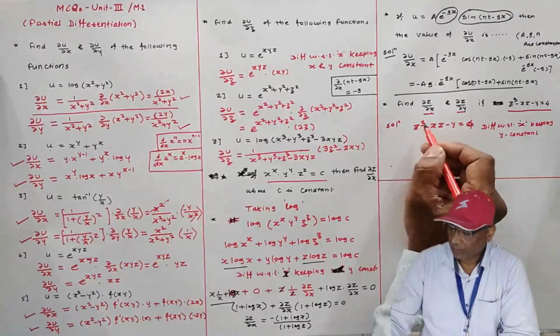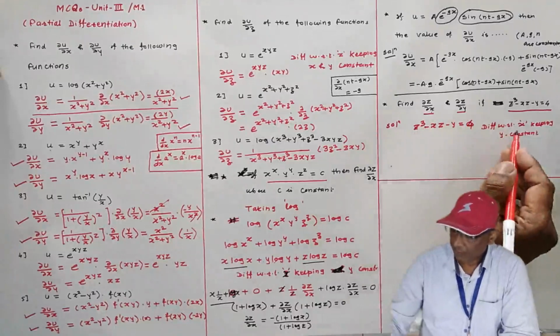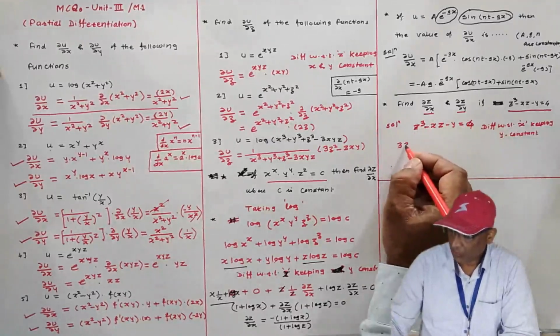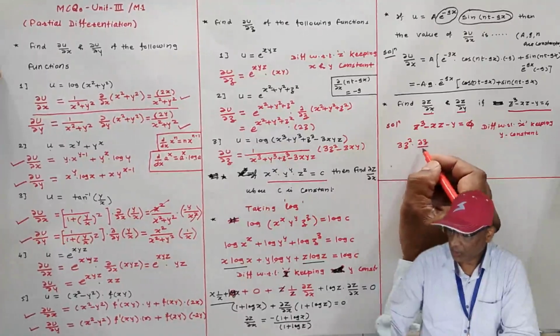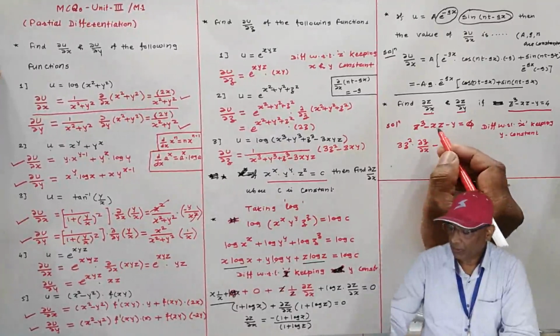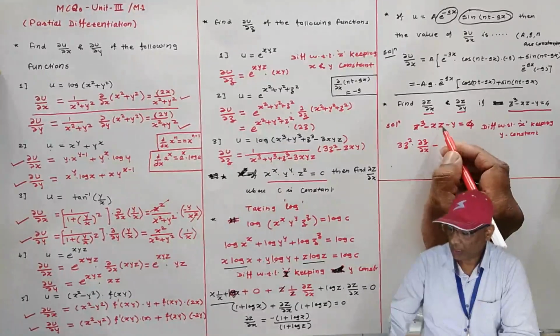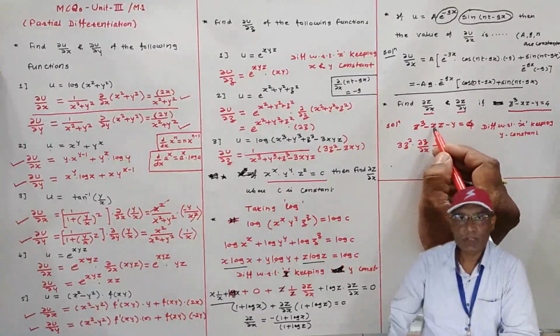Now, the derivative of z cube with respect to x will be what? 3z square, and the derivative of z with respect to x. Here, for the derivative of xz with respect to x, z is a function of x and x is a function of x.